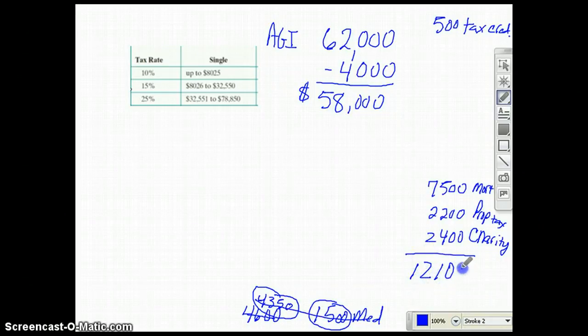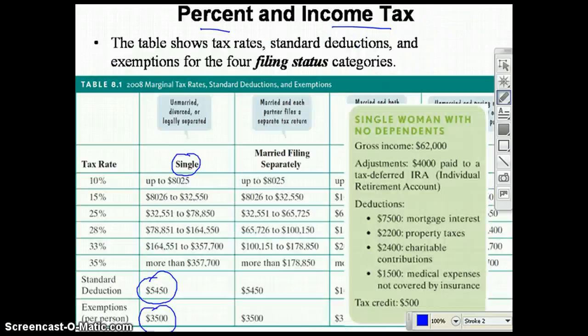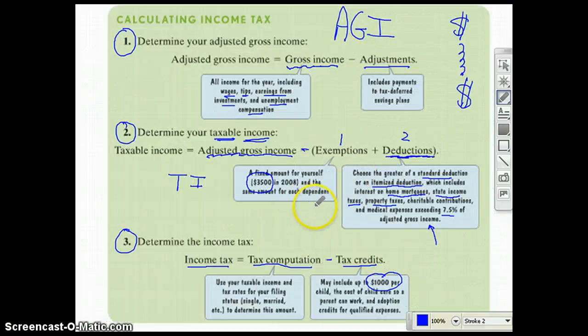Now we have to take this number away from the other number, so let's go back and look. We're going to take her deductions and her exemptions.